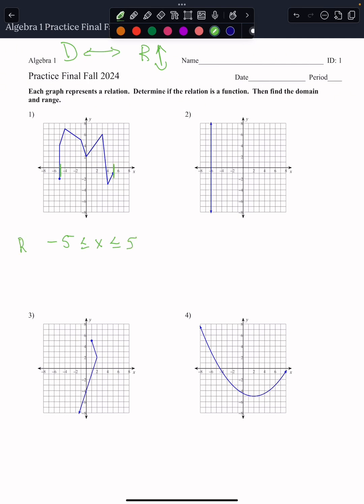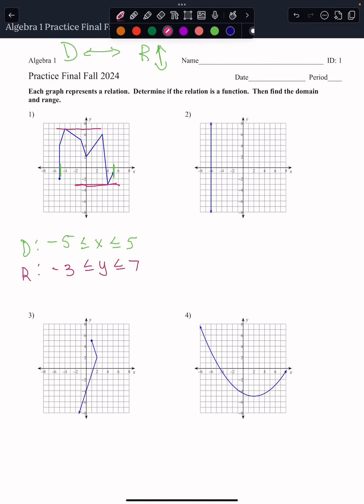And then the range is going to be the lowest point to the highest, I said that backwards. So the lowest point is -3, Y, and then the highest point is 7.